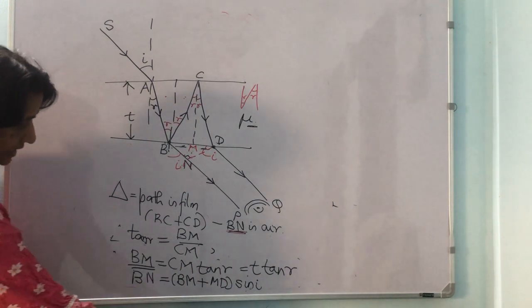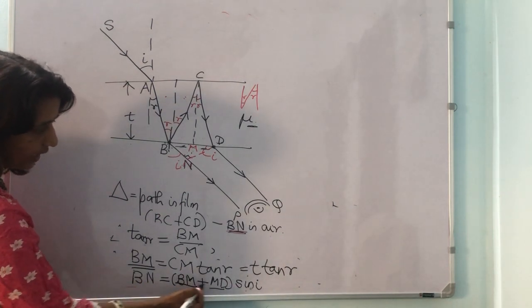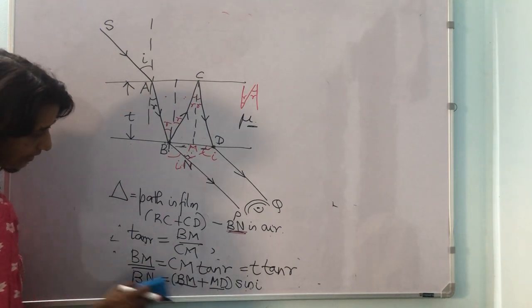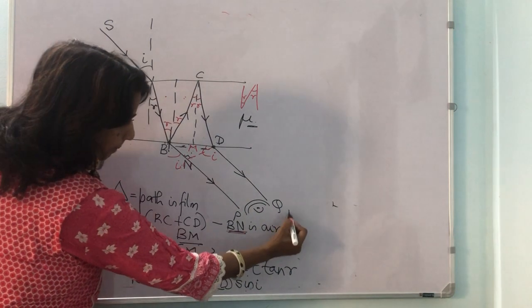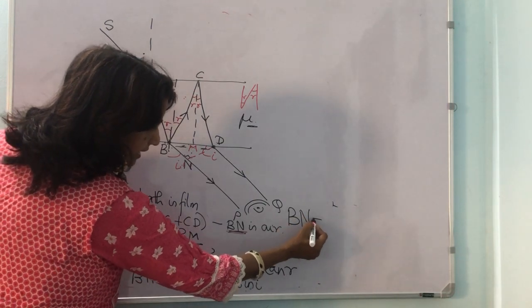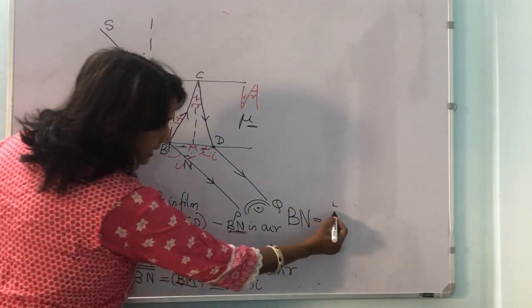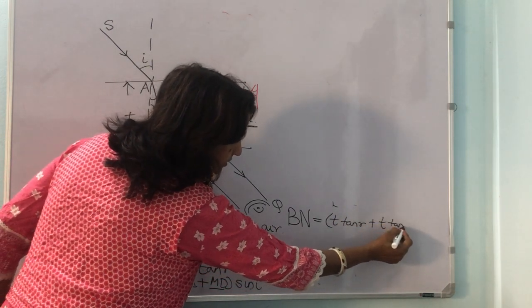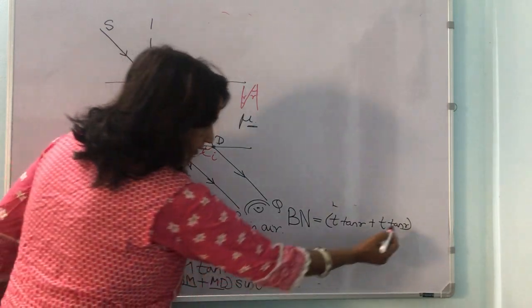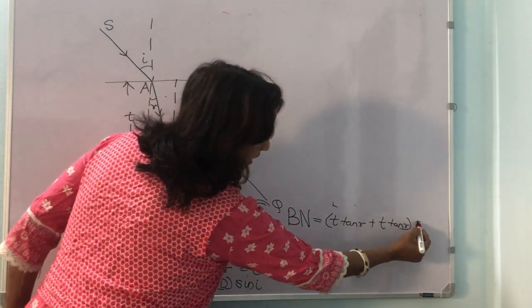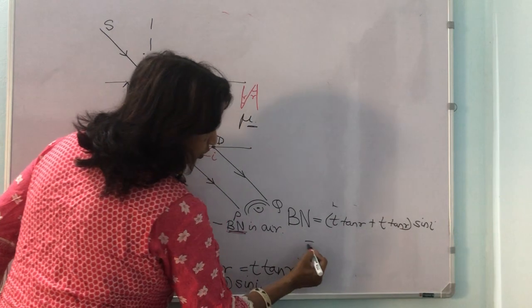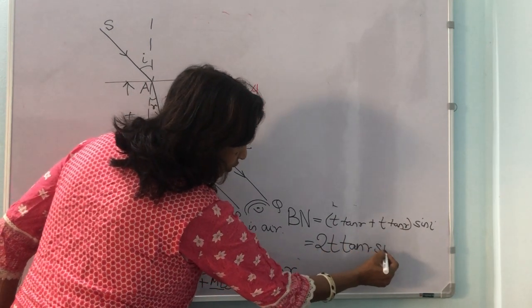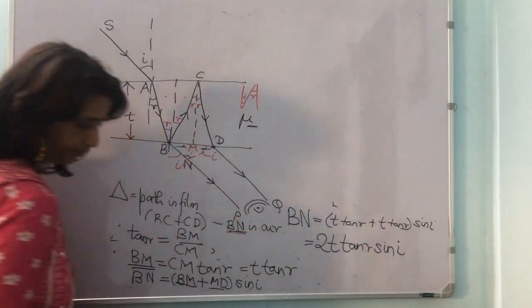BM and MD are equal, and BM is T tan R. So T tan R plus T tan R, into sin I. So BN becomes equal to 2T tan R into sin I.